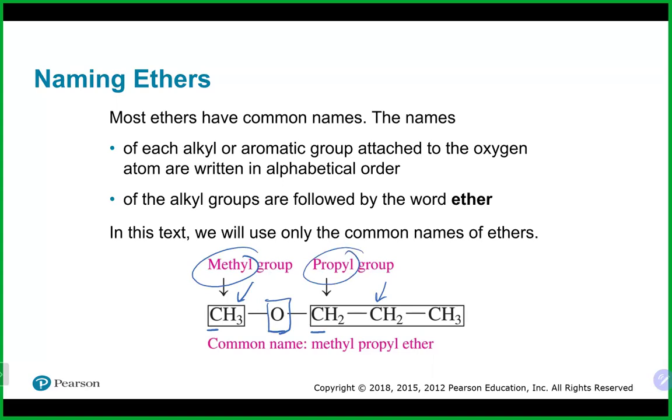Much like everything else that we name, alphabetical order first, so methyl before propyl. So we go methyl, propyl, and again, we just put ether at the end of it. That would be the common way of naming it and the way we'll do it in this class, which is methylpropyl ether. Any questions on that one there?